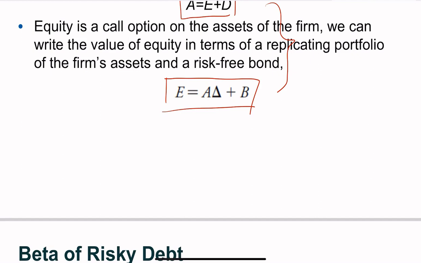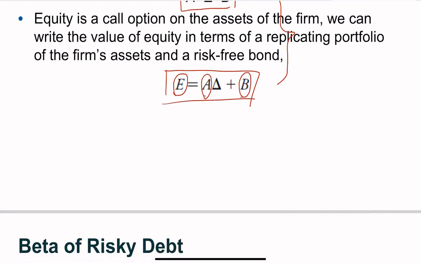So basically, the value of the firm's equity can be considered as the value of a replicating portfolio of the firm's asset and a risk-free bond. That is, we can replicate E with the firm's asset and a risk-free bond, right?